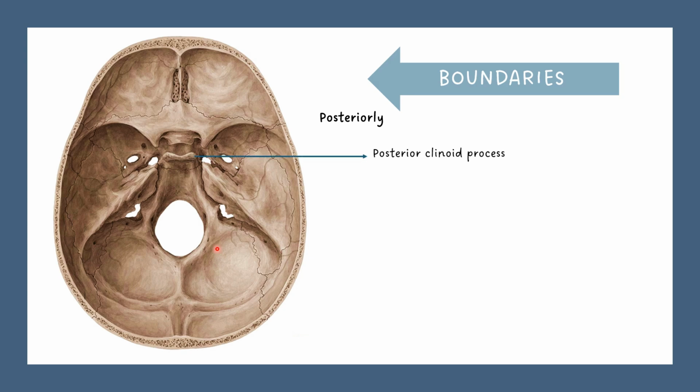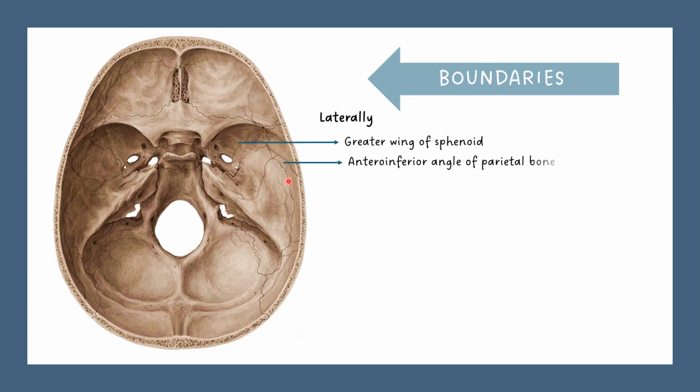Posteriorly, it is bounded by the posterior clinoid process, the dorsum sellae and the superior border of petrous temporal bone. Laterally, on each side, it is bounded by the greater wing of sphenoid, the anterior inferior angle of parietal bone and the squamous part of temporal bone.